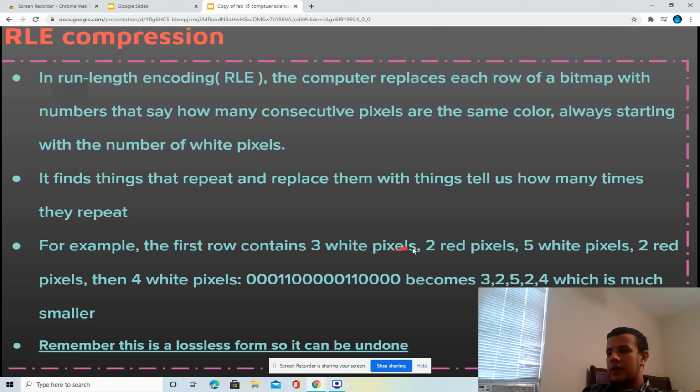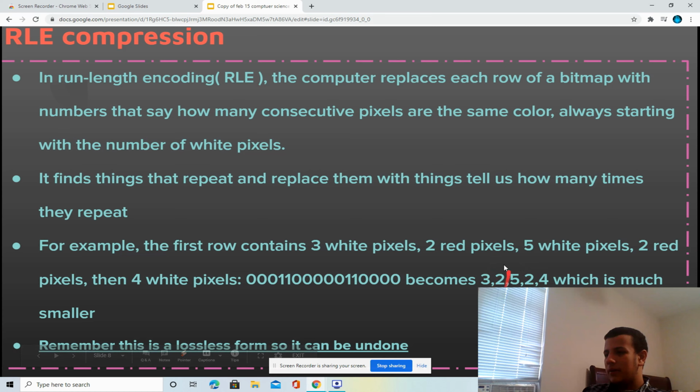For example, let's say a row containing 3 white pixels, 2 red pixels, 5 white pixels, 2 red pixels, and 4 white pixels would be represented something like this. 3 white pixels, 2 colored pixels, 5 white, 2 colored pixels, 4 white pixels.